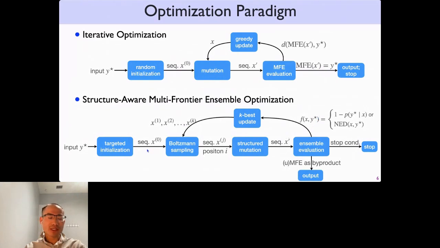Secondly, we have a series of structure-aware operators such as structured mutation, to really leverage the local structure information. Last but not least, we use multi-frontier search instead of greedy search to make the optimization process more effective. Now let's zoom in to get a closer look at different components.